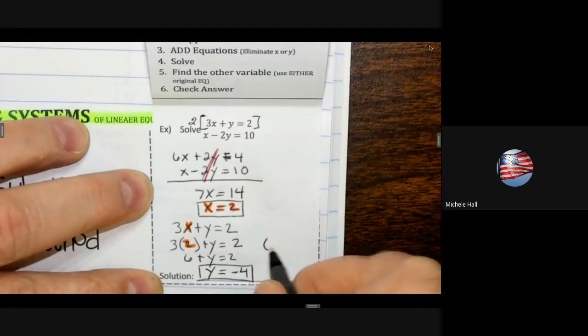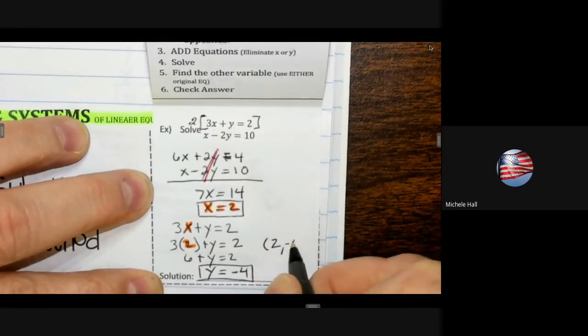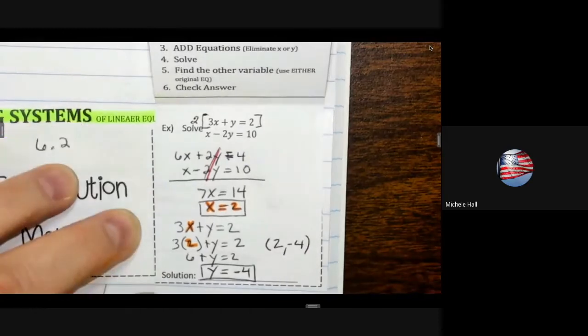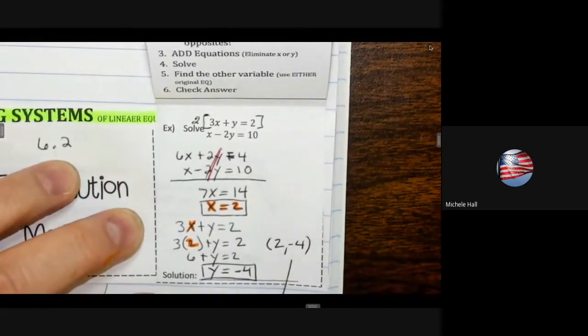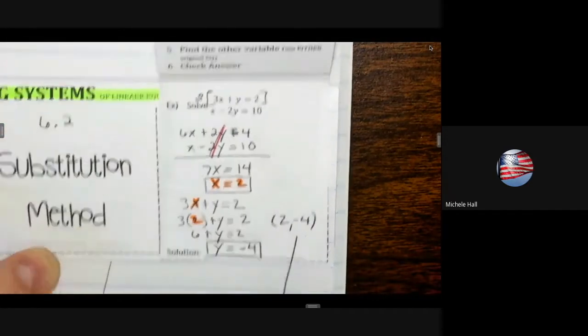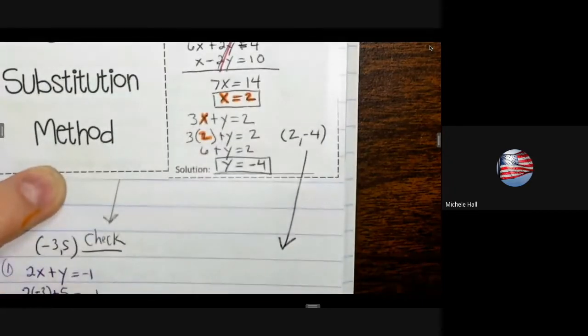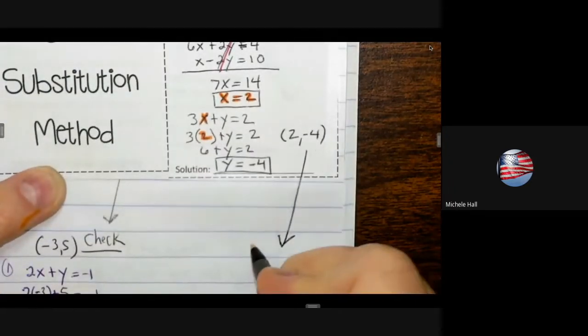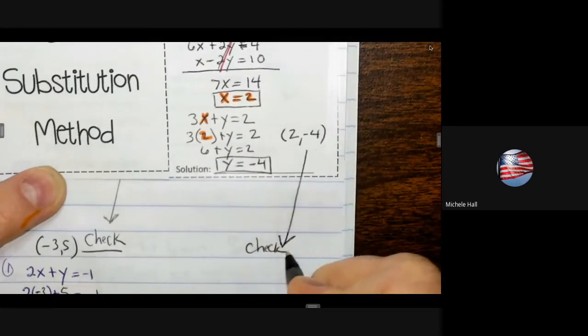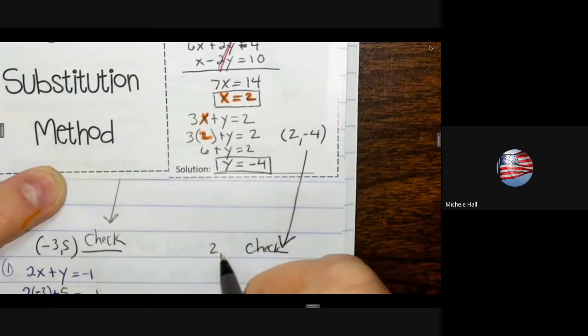Our solution then is 2, negative 4, and we can check to make sure this is true. We're going to check 2, negative 4.